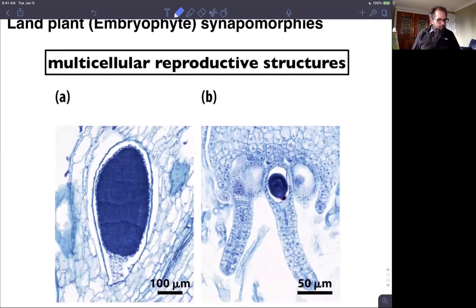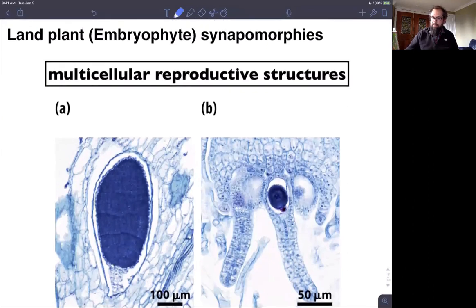Okay, the second synapomorphy for land plants is having multicellular reproductive structures. Those multicellular reproductive structures are found in the gametophyte generation, since this is where those gametes are made.